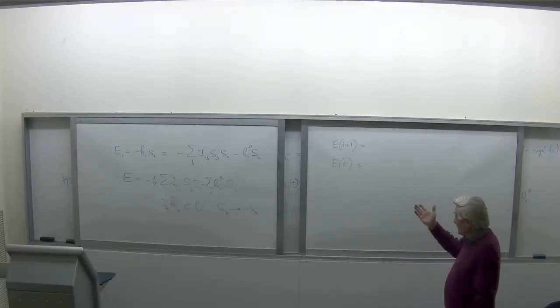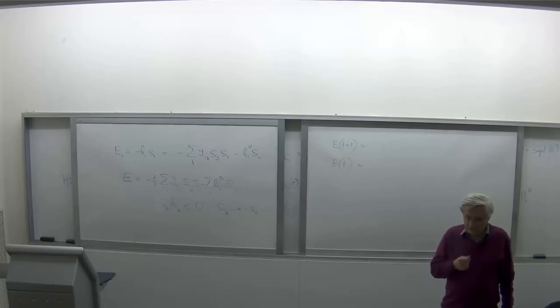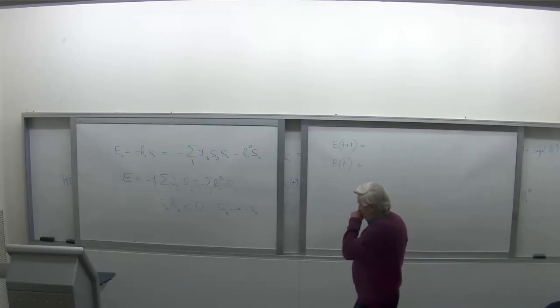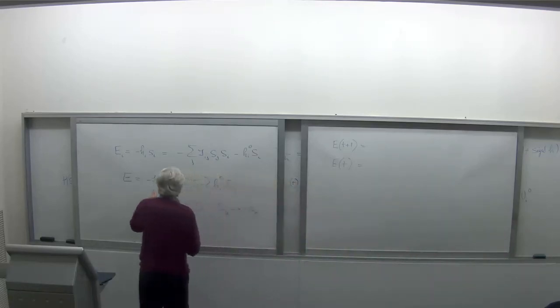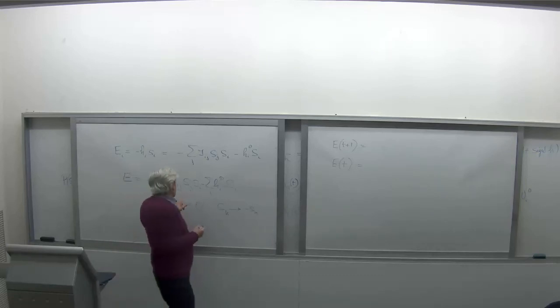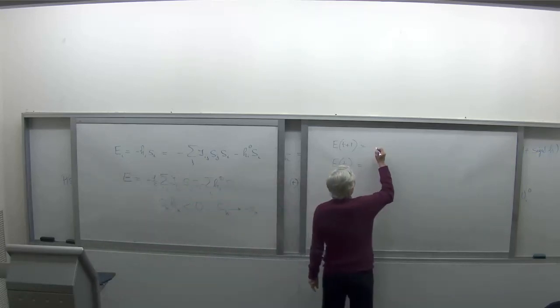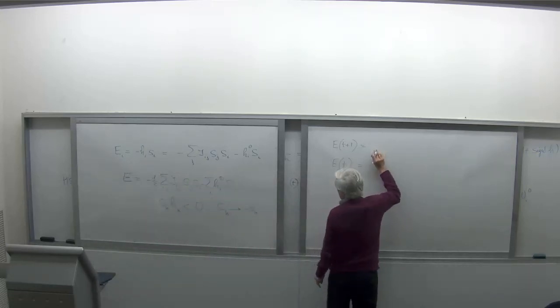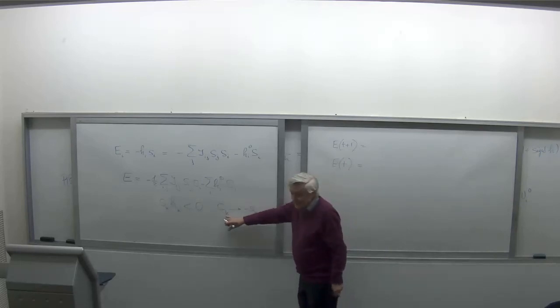So let's explore what happens to the energy function when we take this particular spin and we flip it. So here we'll have minus, we flip the spin. Instead of sk, we put minus sk.